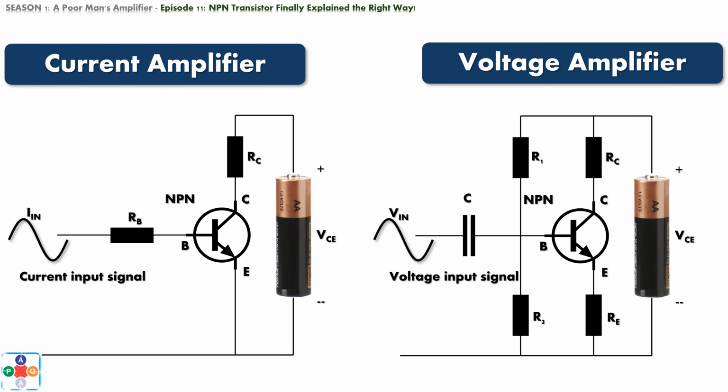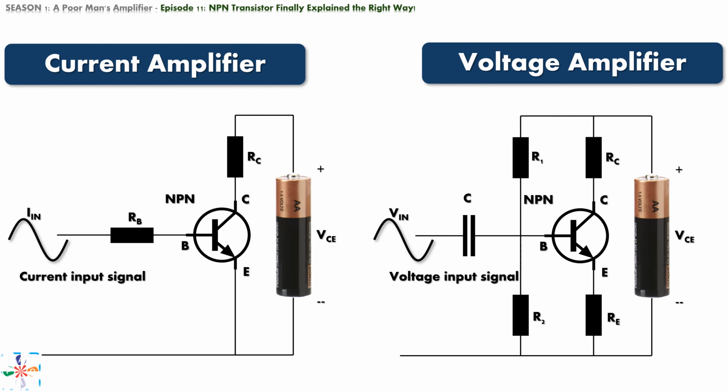In the voltage amplifier, the base current also needs to be in that Goldilocks range of values, and that is determined by the value of resistor R1, but in addition to that, the overall voltage that is a sum of signal voltage and voltage across resistor R2 needs to be in range to amplify the input voltage signal. And there is also that damned capacitor C as well, as if things were not complicated enough already.